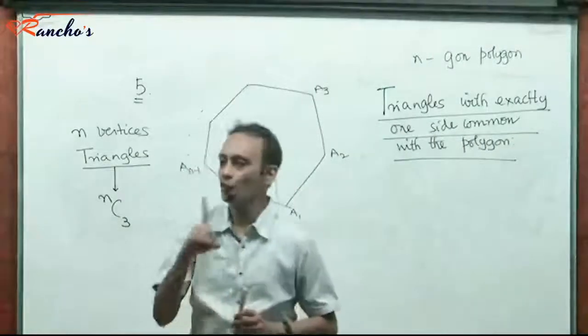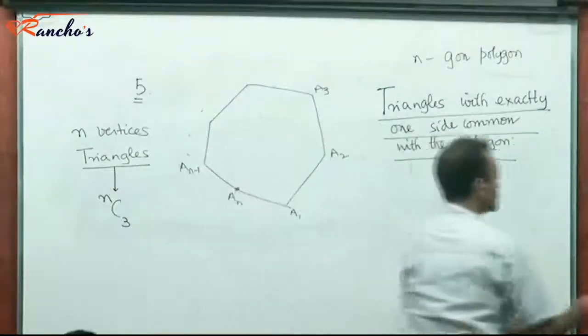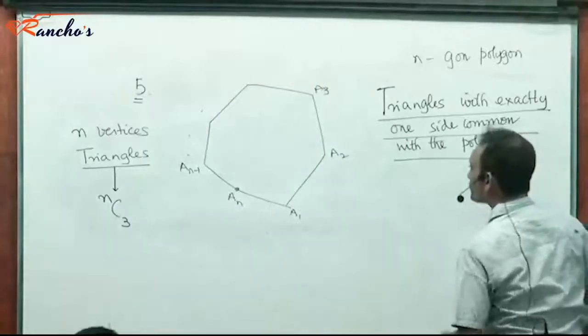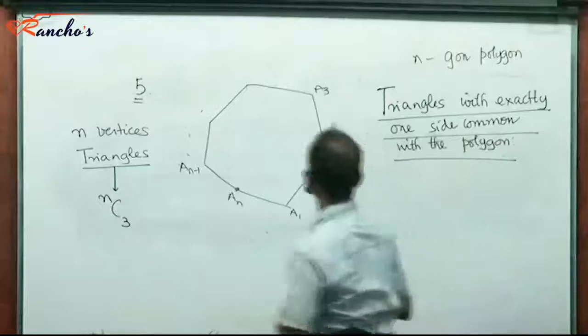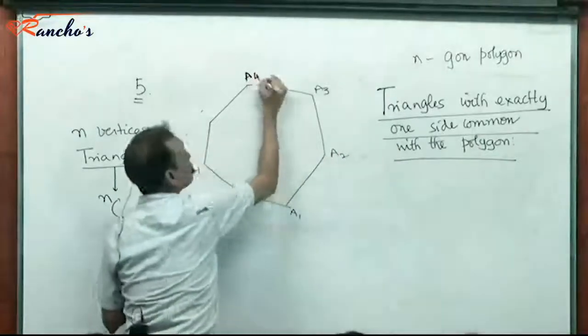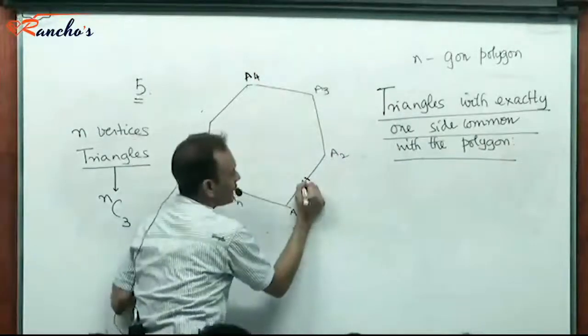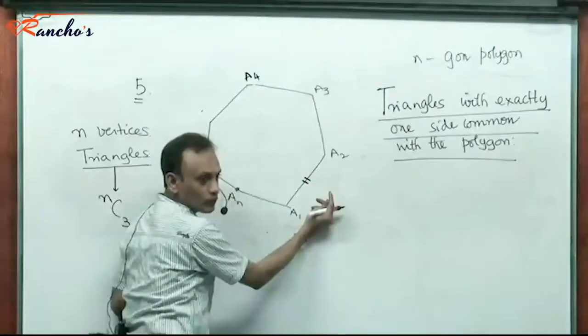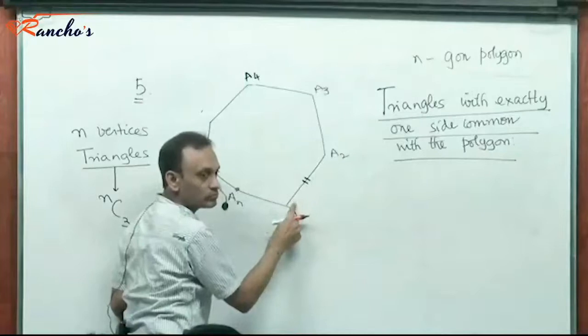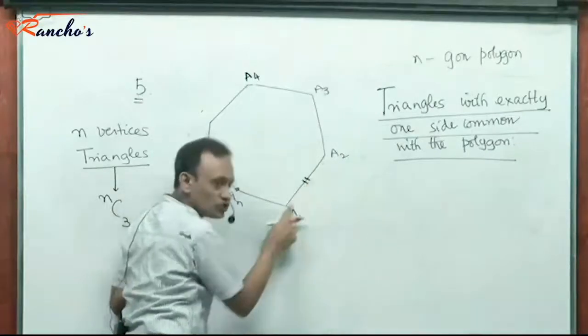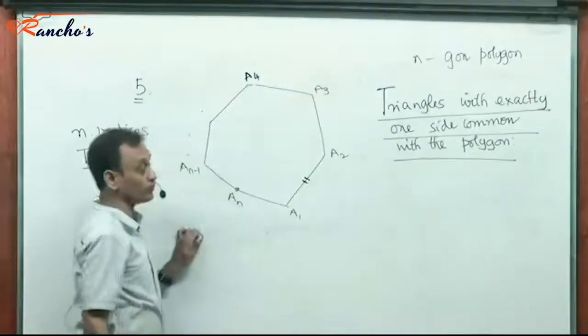So now, for example, let me look at a triangle whose one side is A1, A2.